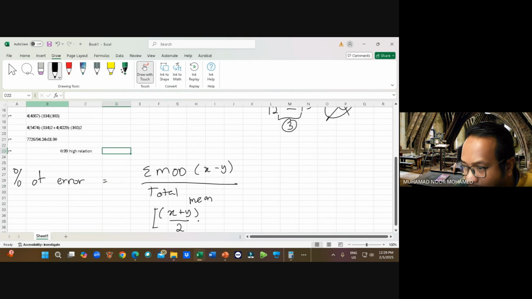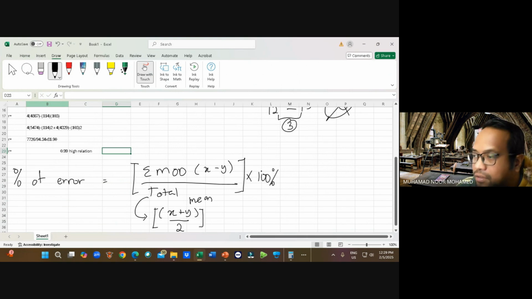This is the formula for total mean, and this is the formula for percentage of total error. Then multiply by 100.